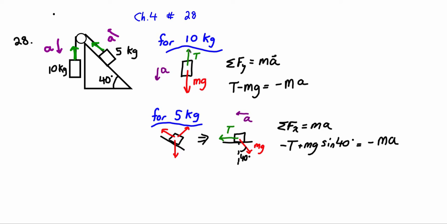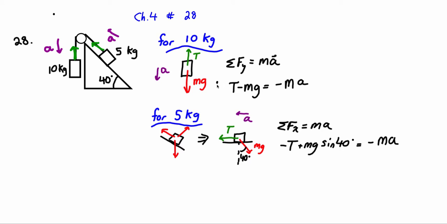If we assign up as positive, tension is positive. The weight is coming down, so the weight is negative. And if down is negative, then this acceleration is also down, so I need to put a negative over here and say that's negative mass times acceleration.